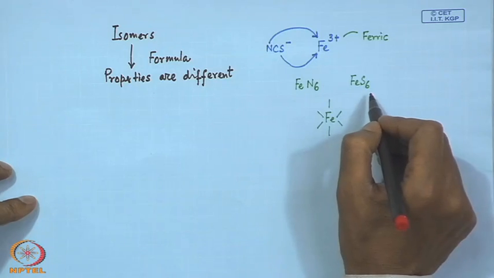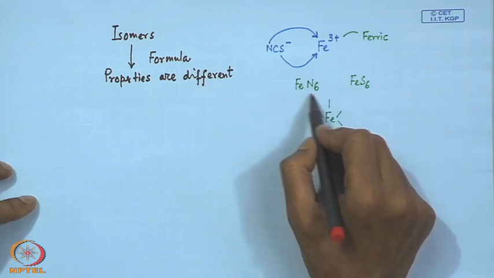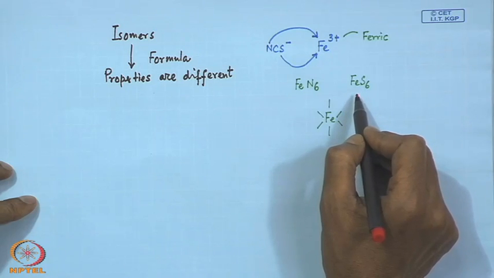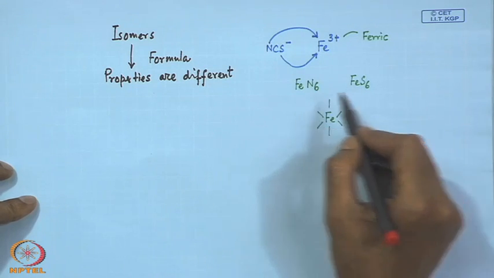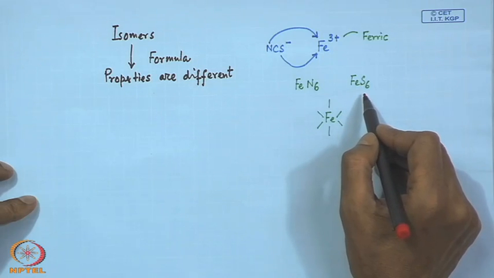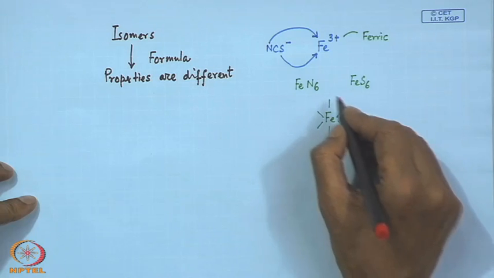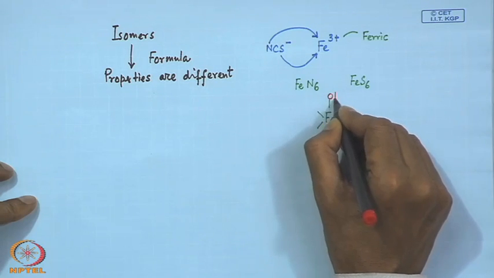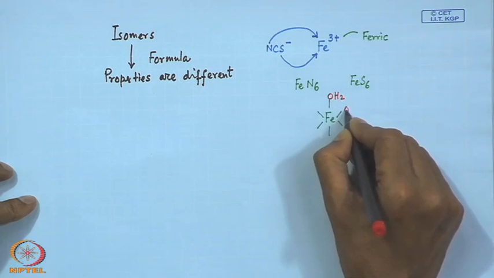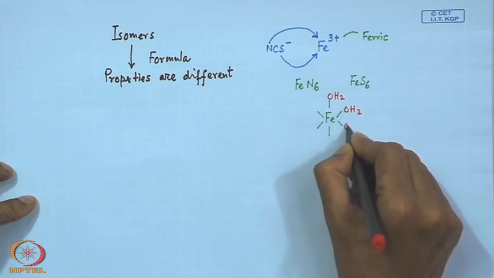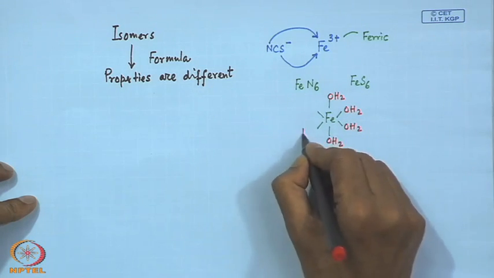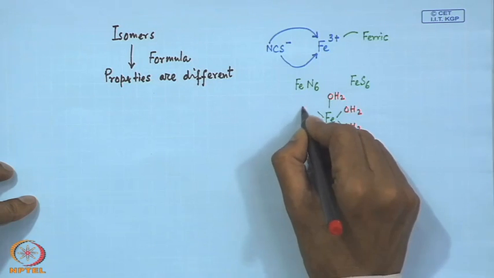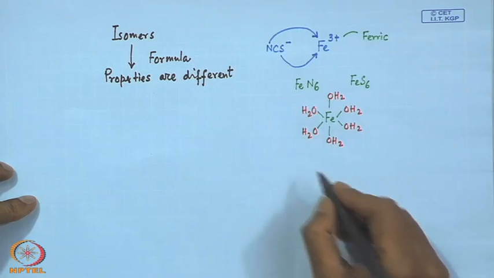So, if theoretically we can assume that both these compounds are possible to form, in one case we have a compound which is FeN6, in another case the compound is FeS6. These two cases can be compared to the starting compound where the ferric ion is dissolved in water, which is octahedrally surrounded by 6 water molecules.